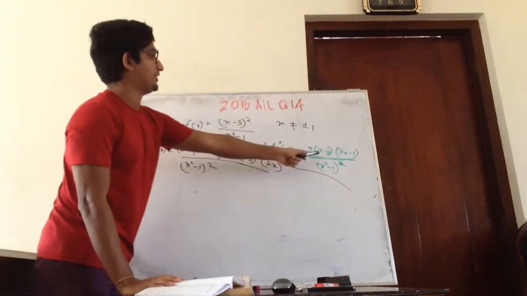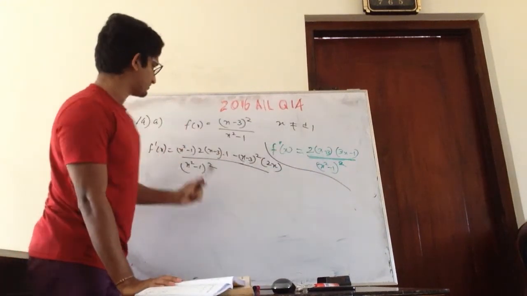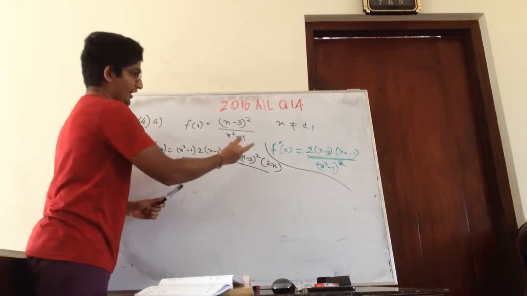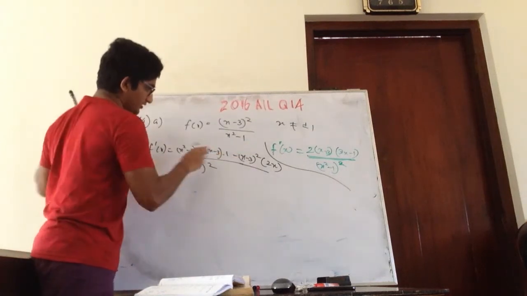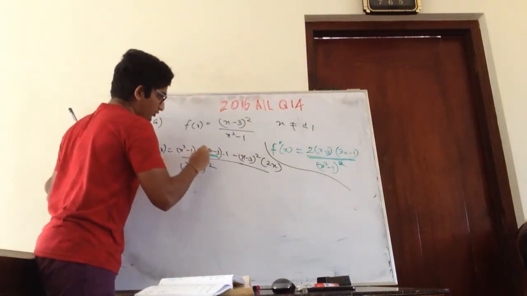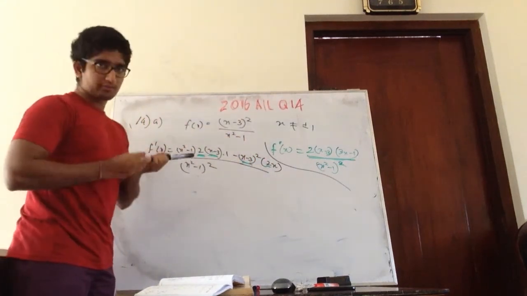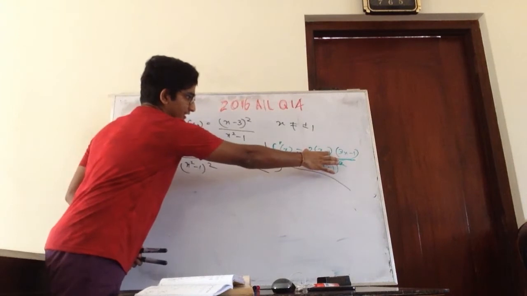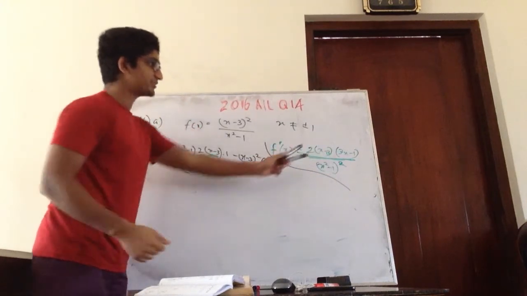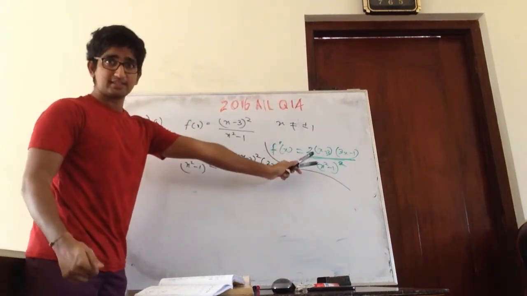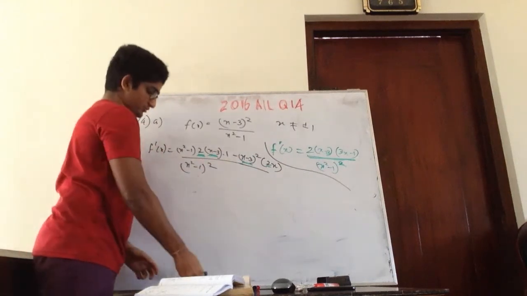So then I need to basically simplify now. I need x minus 3 as well. So I'm going to take that. So I have x minus 3 and 2 here, 2 here and x minus 3 here. What I'm going to do is, I see in the answer the 2 and x minus 3 is in there, so I'm going to take that out.